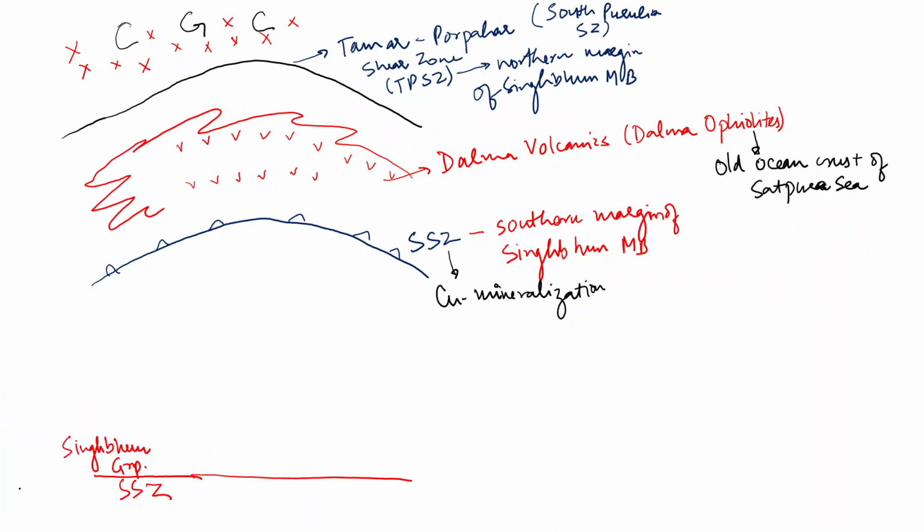The Singhbhum group, on the base, has the basal conglomerate. Then Chaibasa formation, followed by the Dalbhum formation. These two have major rock types as schists and phyllite.